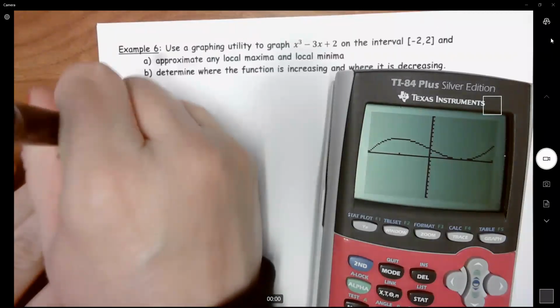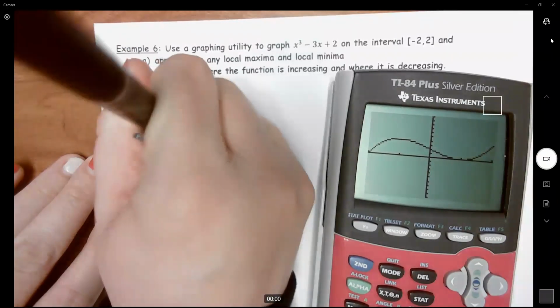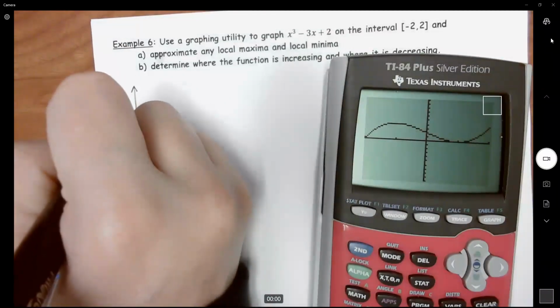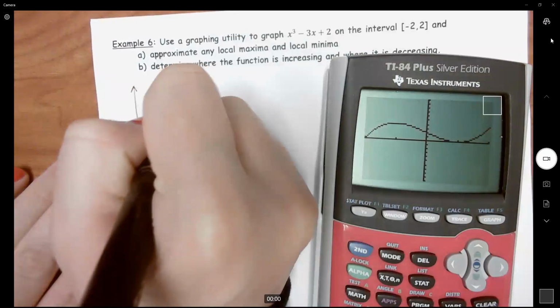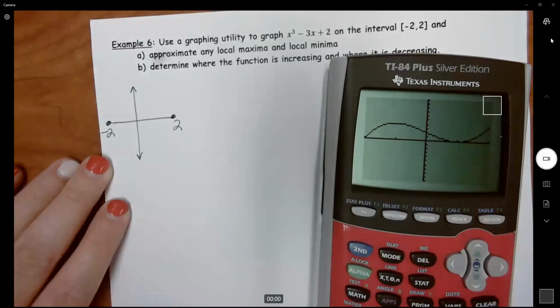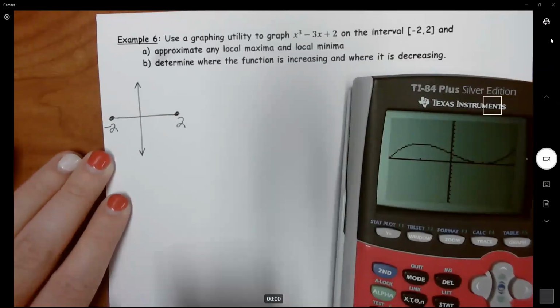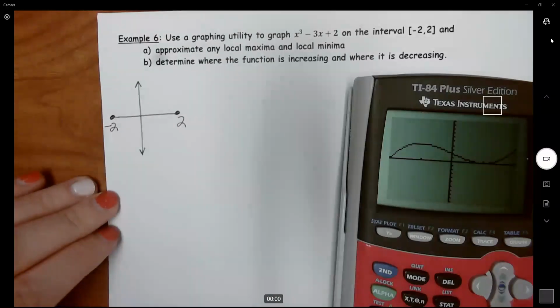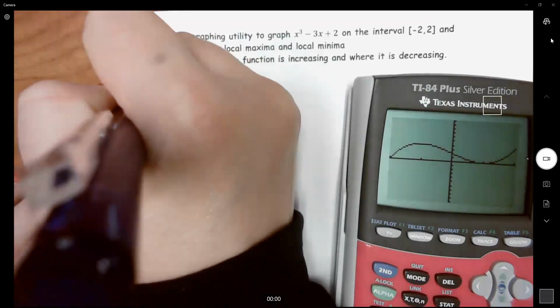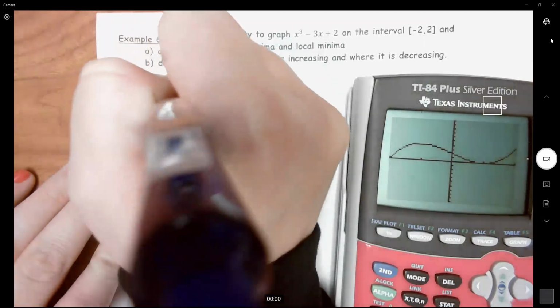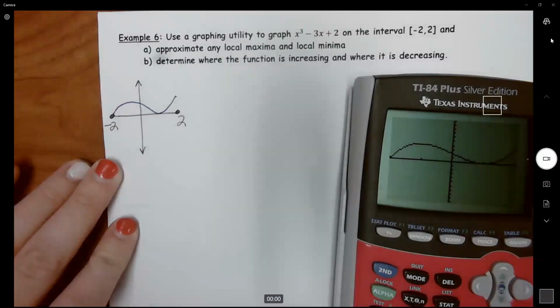So I'm not going to have arrows going on here. I know that this is -2, and I know that this is 2. And my graph does something like that.